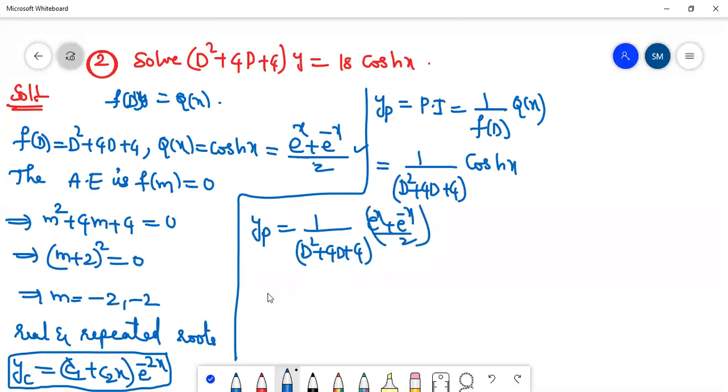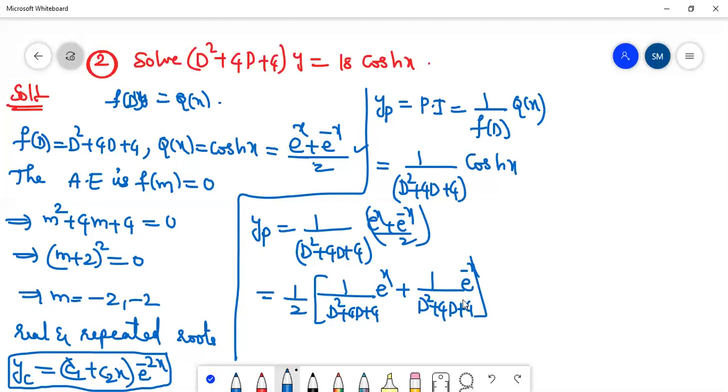Write separate terms: equal to 1 by 2 into 1 by D square plus 4D plus 4 e power x plus 1 by D square plus 4D plus 4 e power minus x. Just observe in yc the exponential has x coefficient minus 2; here no minus 2 is there, so the denominators are not equal to 0.